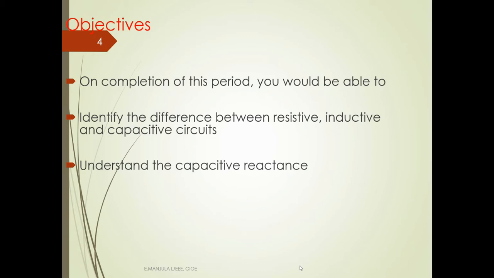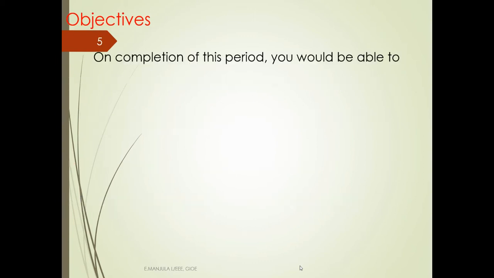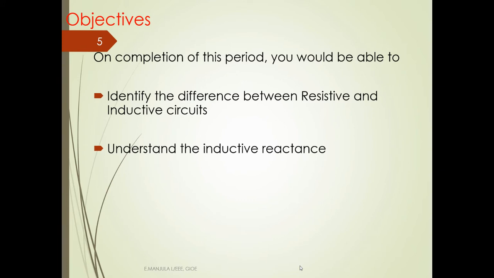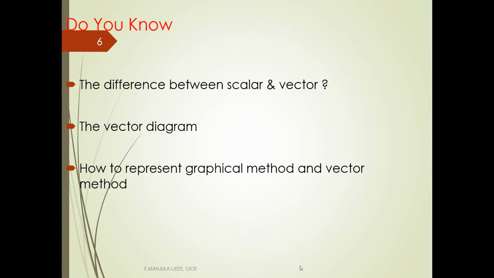On completion of this period, you will be able to identify the difference between resistive, inductive, and capacitive circuits, and understand the concepts of capacitive reactance. We will even derive the relationship for current in capacitive circuits and also inductive circuits. You will also understand inductive reactance and the difference between resistive and inductive circuits.